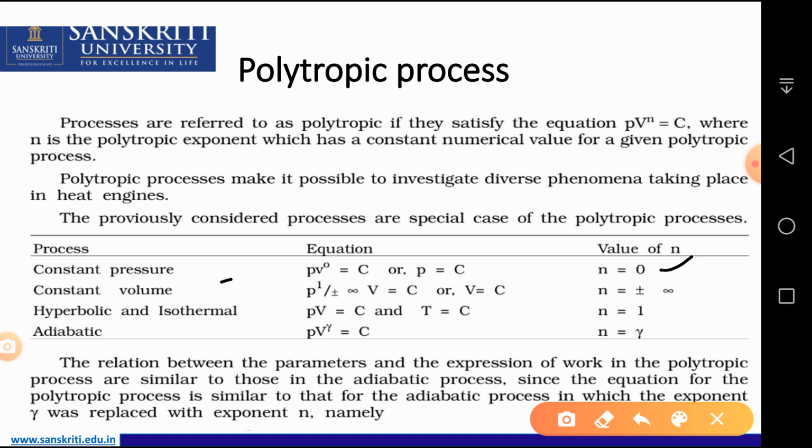Or n equal to 1 means it is the isothermal process. Or n equal to gamma, it is an adiabatic process. So we have to change this exponent value according to what type of process we want.